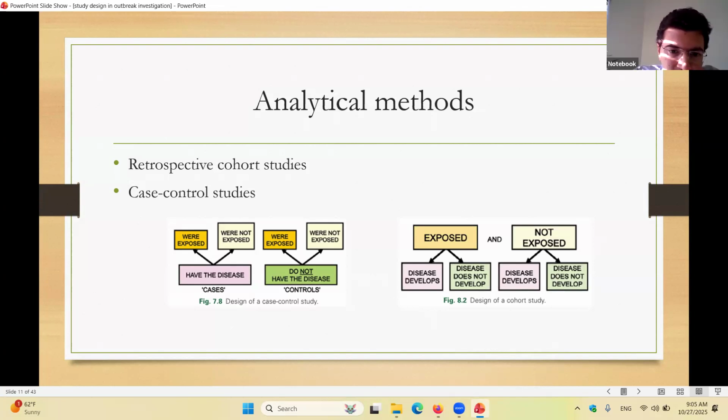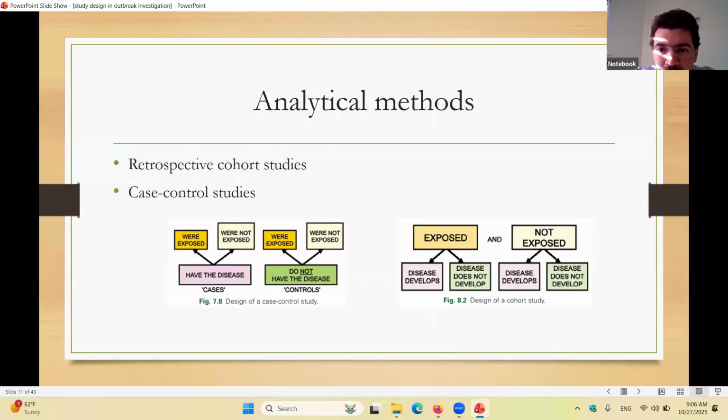In case control studies, as I mentioned, I approach the outcome. We have two groups, cases that have the disease and controls, the individuals who do not have the disease. And then we investigate whether in each group persons are exposed or not exposed. But in cohort studies, as you see in the right diagram, we approach the exposure.